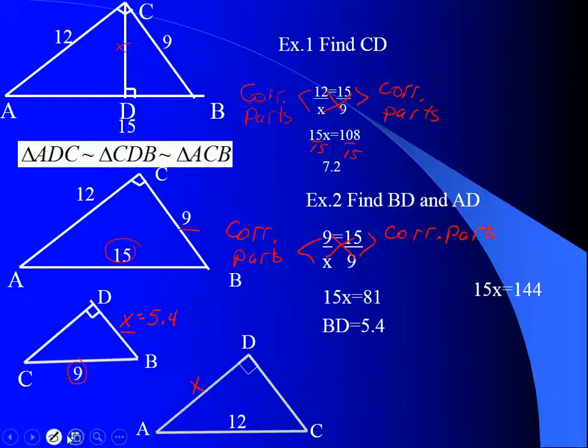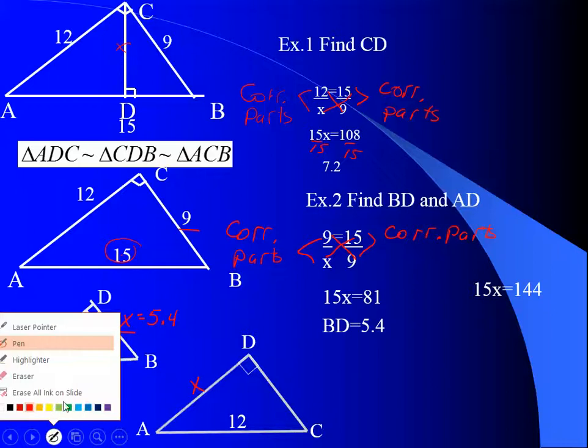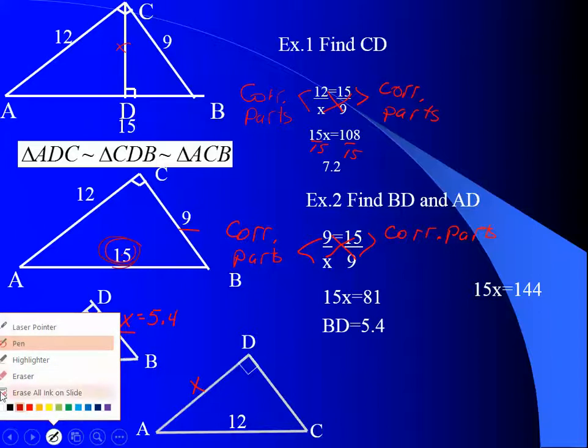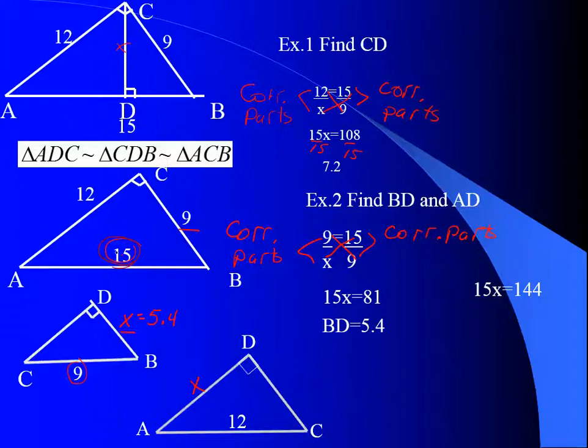Let me change colors. That didn't change. Okay, so I am going to match the 15 with the 12 and make a fraction out of those two. And then I'm going to match the 12 here with my unknown side over here and make a fraction out of that.